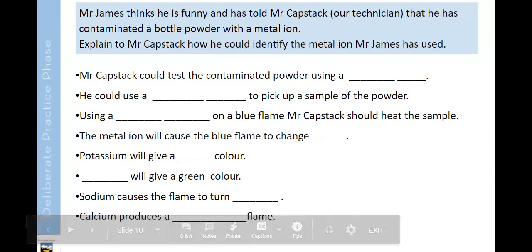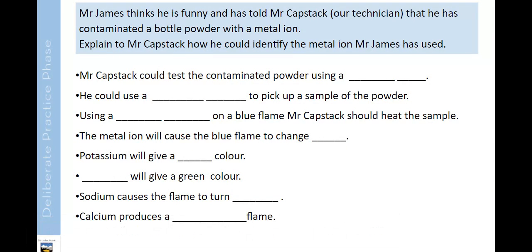So your next task is: Mr. James thinks he is funny and has told Mr. Capstack, our technician, that he has contaminated a bottle of powder with a metal ion.